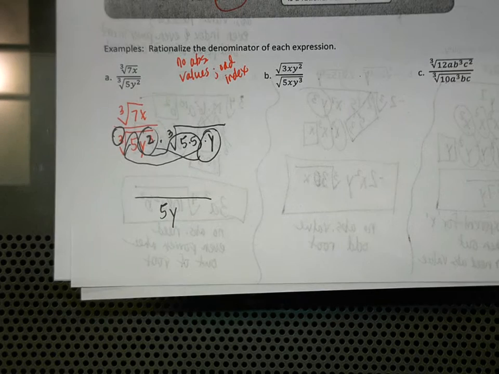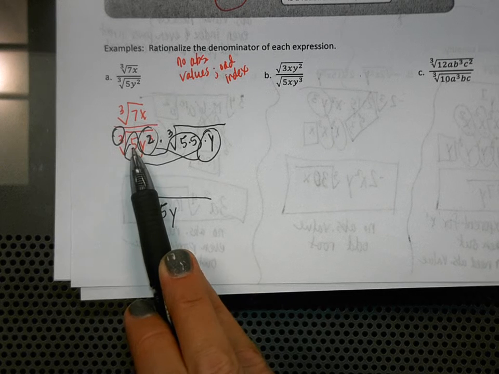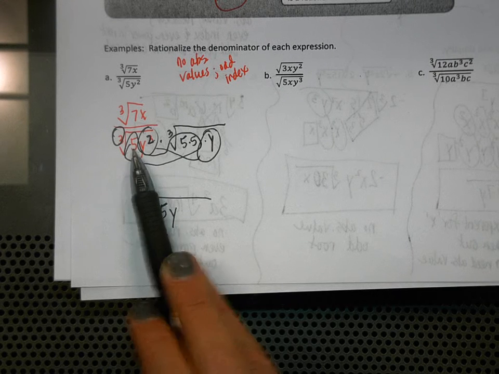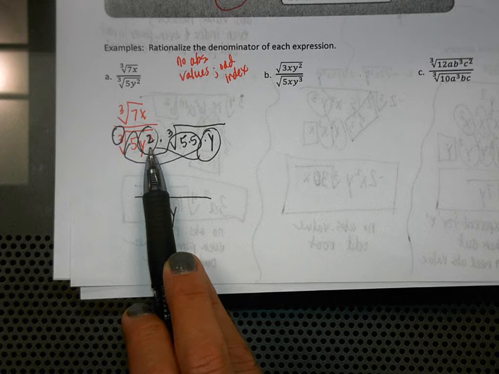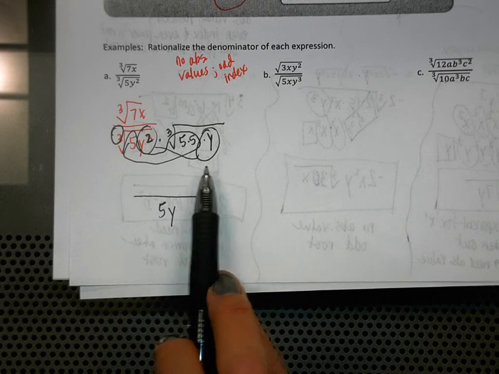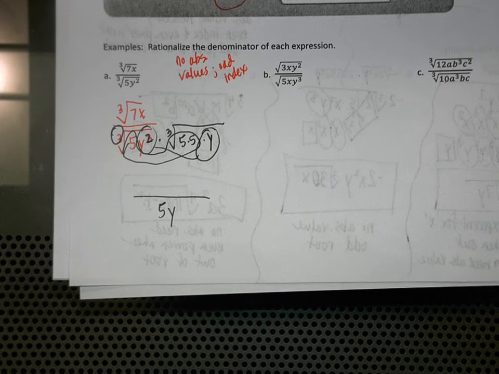So in order to take out a group, you have to have 3 of the exact same thing. I only had 1 5, so in order to make a group of 3 5s, I needed 2 more. I had 2 y's here, so in order to make 3, I just need 1 more y. So you always have to look at your index to figure out what more do I need in order to make a group so that that root goes away from the denominator.